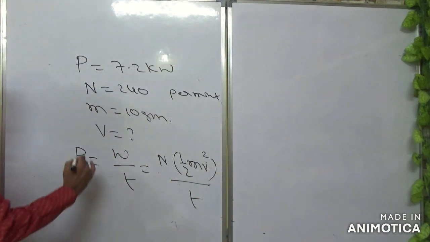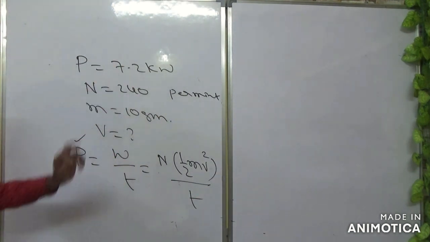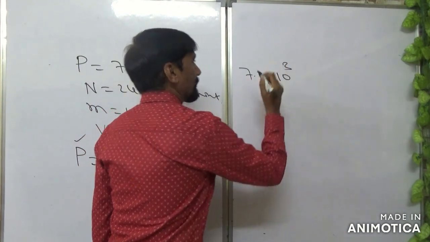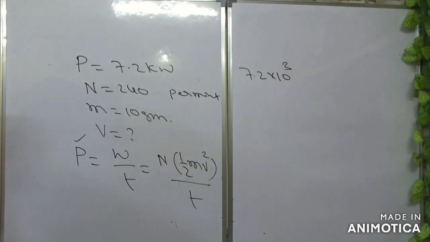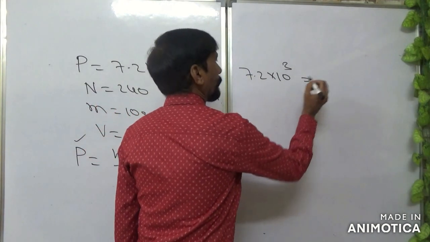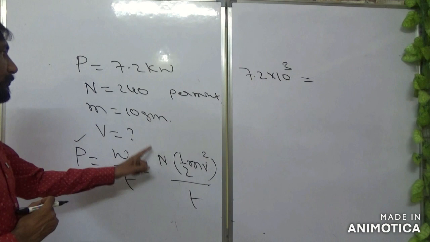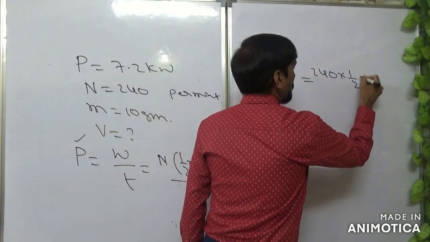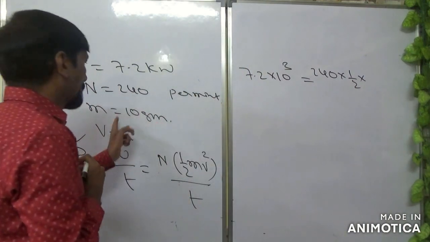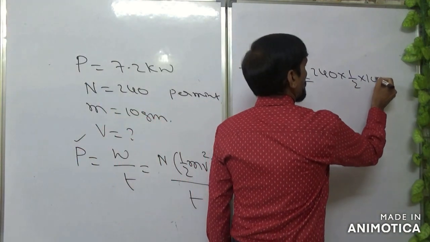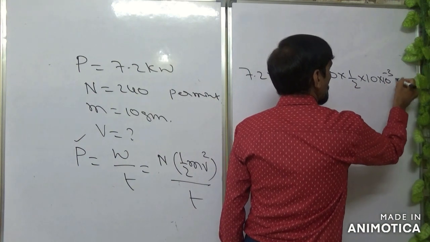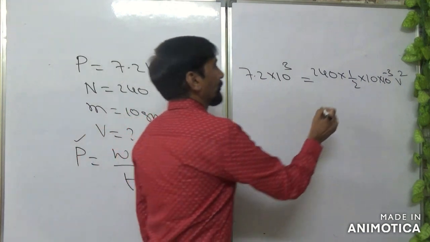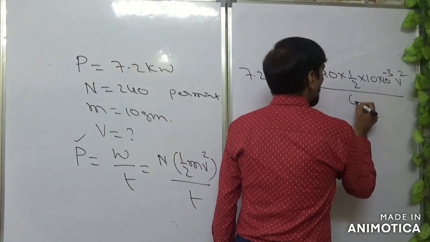In this problem, power is known to us, 7.2 times 10 power 3. That is equal to the number of bullets 240, half, mass of each one 10 grams, which you must convert into kg, velocity square, let it be V only, by time, per minute.